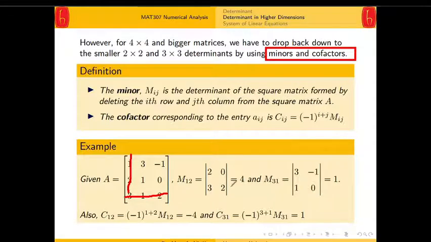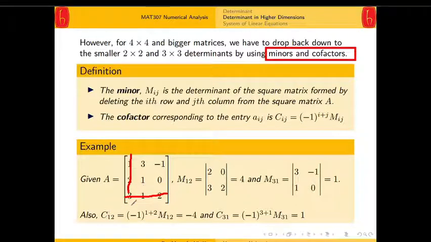So we need to delete the third row and first column, and then the submatrix we obtain will be the matrix we care about, and then we take the determinant of this submatrix, and it will give us the minor. So here we have 3 times 0, which is 0, 1 times negative 1, which is negative 1, but we need to take the negative for this diagonal, so this will be a positive one.